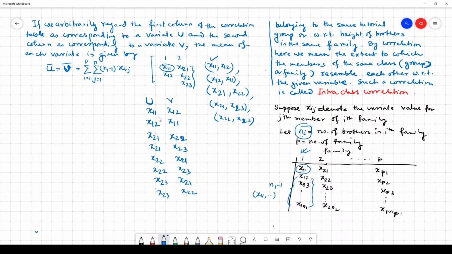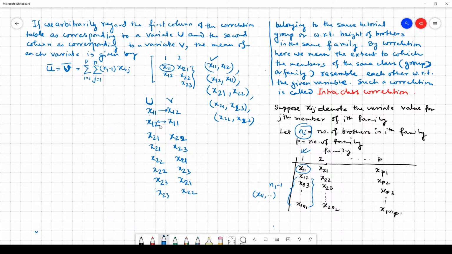Actually, we want to find the relationship between the heights of brothers. So x11 is the brother of x12. The height of x11 is of the first brother of family 1, and this is the second brother of family 1, x12. I repeat, no problem.